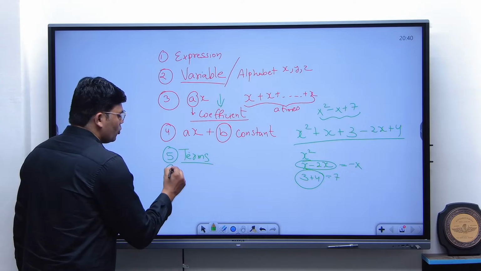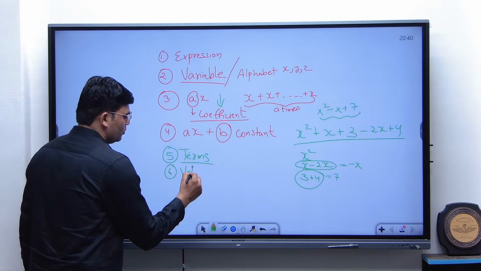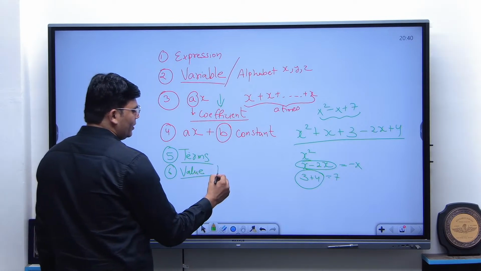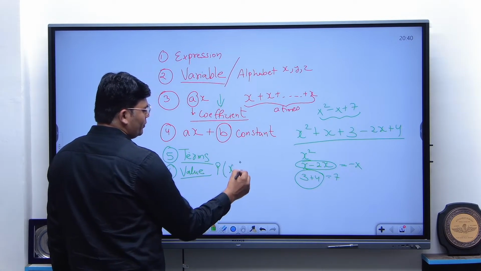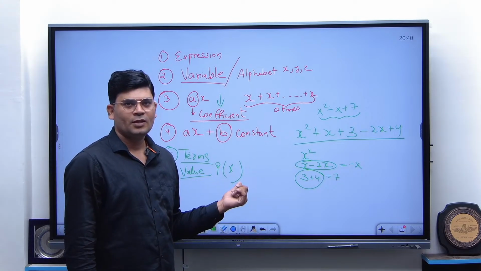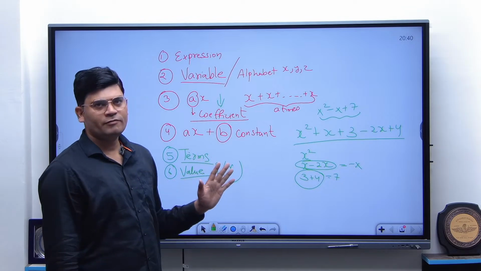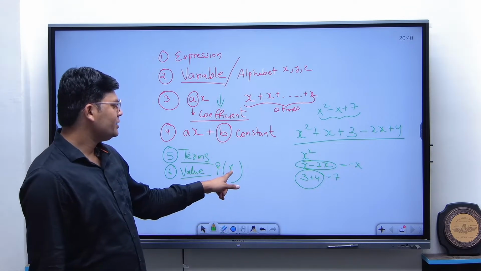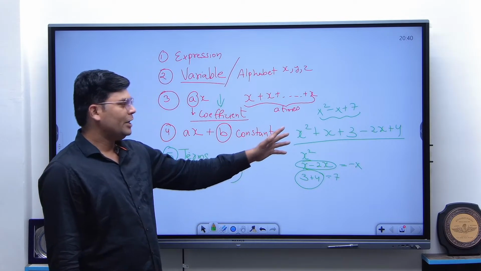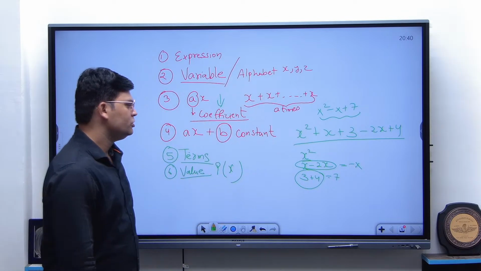Then comes the concept of value. We will say any expression as p of x. P of x is known as the value of the expression. Whenever I replace this x with any number, the value of the expression will also change.